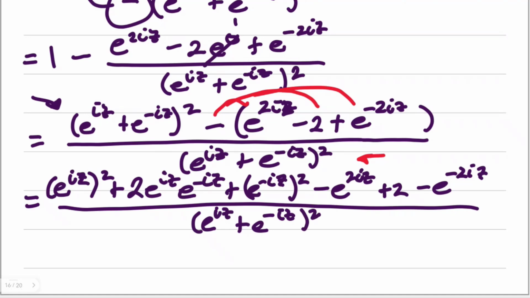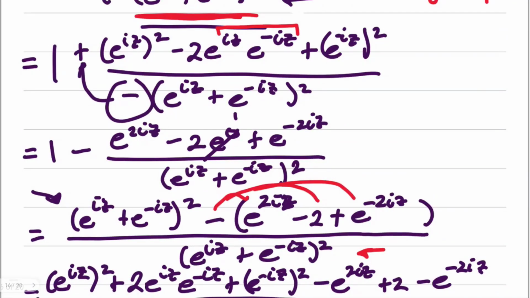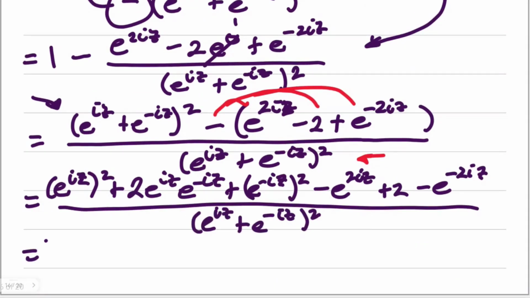So what will happen to the numerator now will be similar to what happened here. So just simply look into that, e to the power of 2iz. Again, the product of these two here is 2 times e to the power of 0.